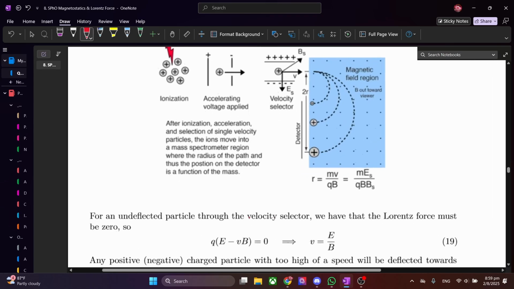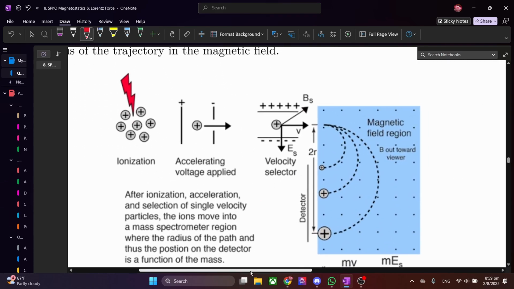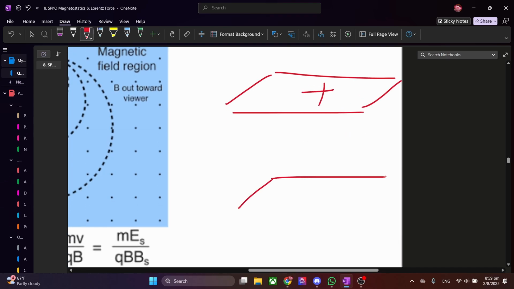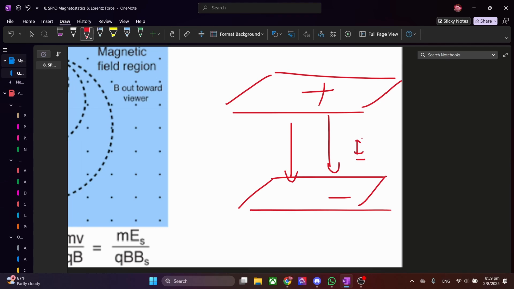Here's an example, it's a bit different, but basically for a velocity selector, how it works is that we have charged plates, one positive and one negative. This creates a uniform electric field E inside it. On the other hand, we have perhaps two magnets outside that generate a uniform magnetic field B. So how the velocity selector works is that we take charged particles and shoot them through at some velocity.